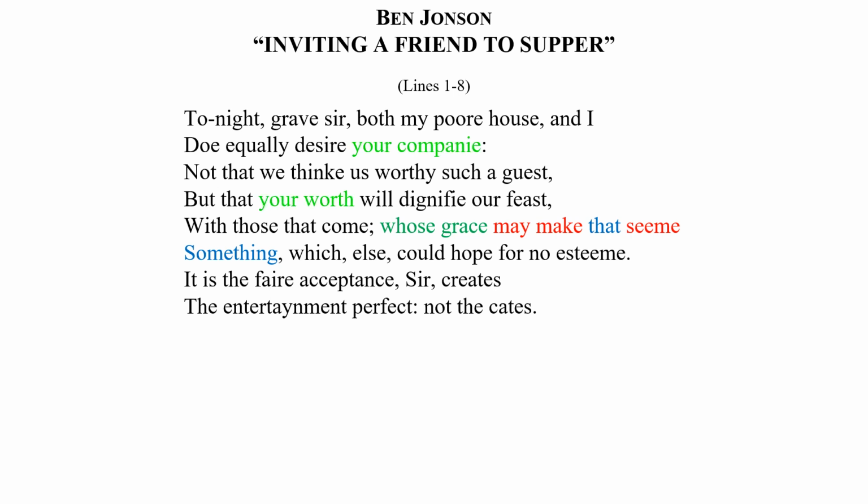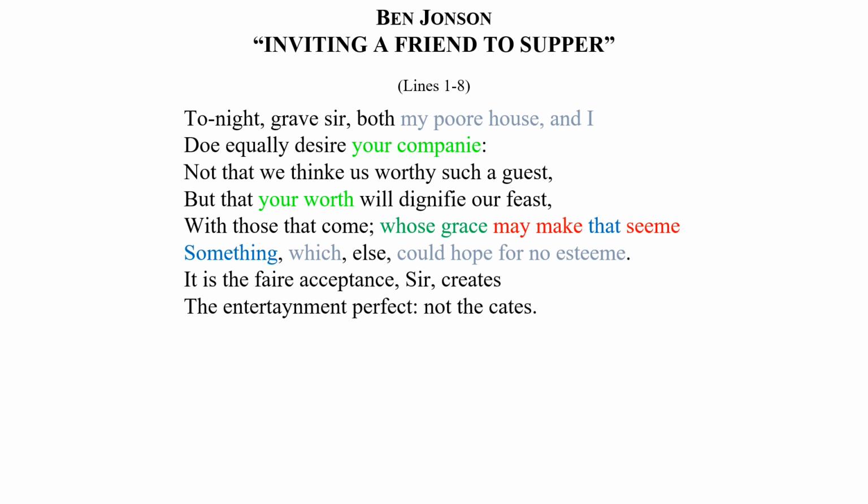Your company, your worth, that has the grace, and it's going to make something seem. It's going to make my poor house and I, which could hope for no esteem, seem like it's something.